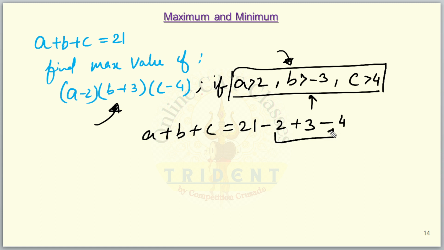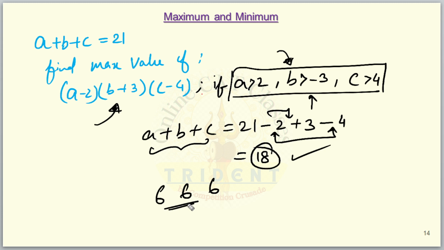Hold on, this is B plus 3, so it is 21 plus 3. Let me just check once. Yeah. So now the three numbers are as good as, you can split them as 6, 6 and 6. So the max value of these numbers will be 216.